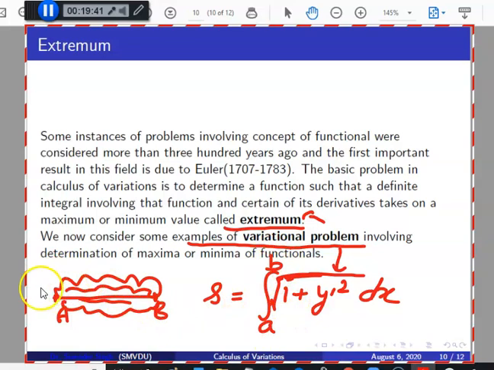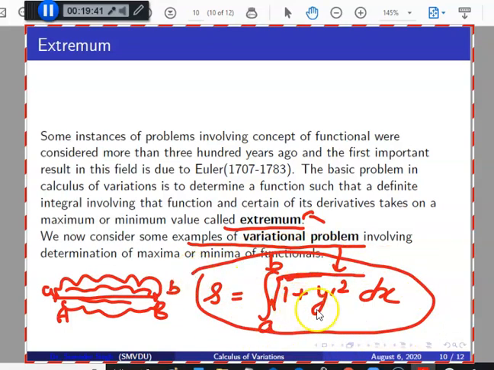Suppose this is a and this is b. Then any function between these is represented by this, and you have to optimize this arc length, along which curve this will be minimum, along what value of y. y can be x square, meaning a parabola. If y equals mx plus c, by solving this you get a straight line, and so on and so forth. Such problems are called variational problems.